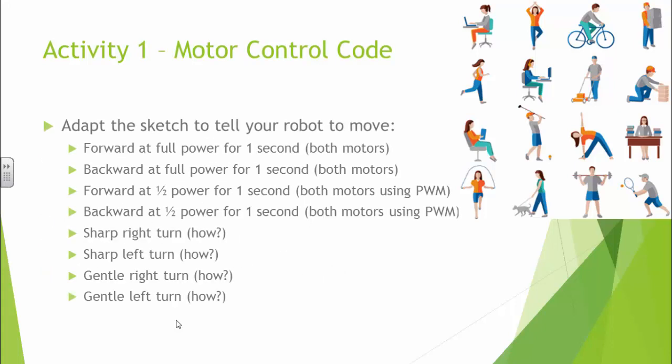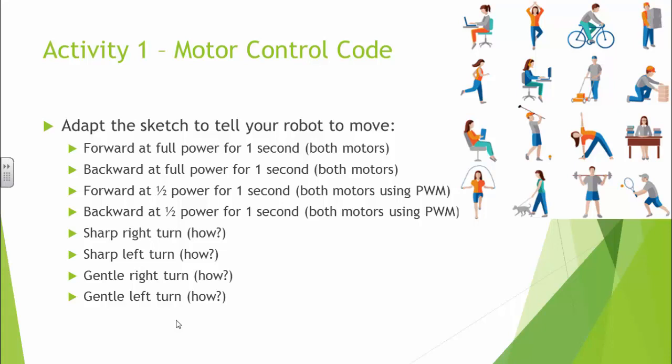Once you've done that, you can then start adapting the sketch to tell your robot to move around. It's usually convenient to put it up on blocks so the motors just spin rather than chasing it around the room. But you can go ahead and adapt the sketch and get your robot moving forward at full power for 1 second, which means both motors turning the same direction.